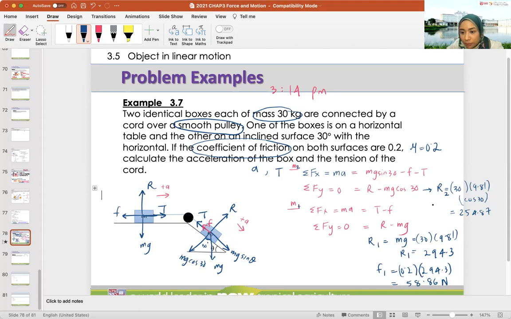So this is friction number 1 and then our friction 2. Let me write it here. Nak squeeze juga kat sini. So 254.87 times 0.2. Oh my god, bisingnya. Sekejap 50.974 ataupun 50.97 Newton. So the friction is different.